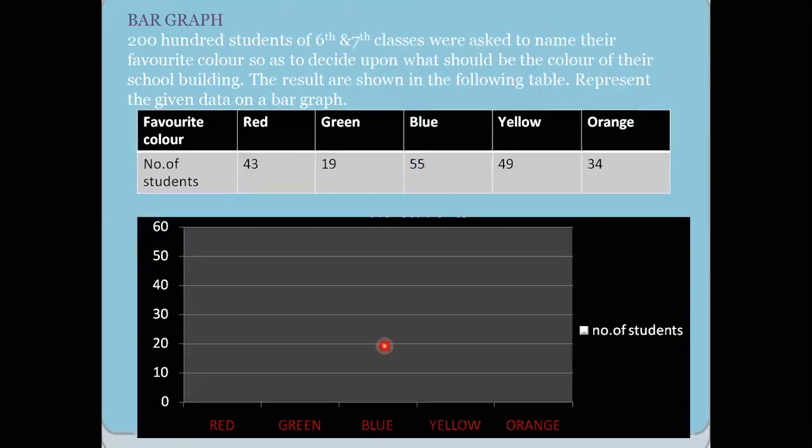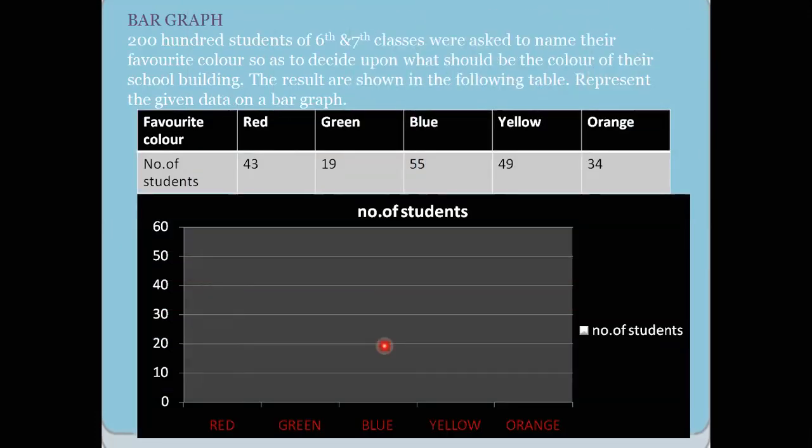So now here is a graph. See here, one example they have given. Bar graph. 200 students of 6th and 7th classes were asked to name their favorite color so as to decide upon what should be the color of their school building.